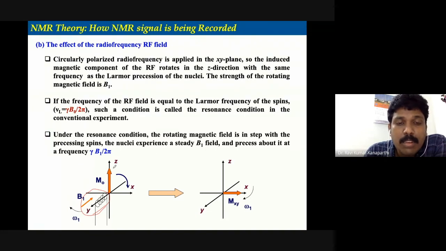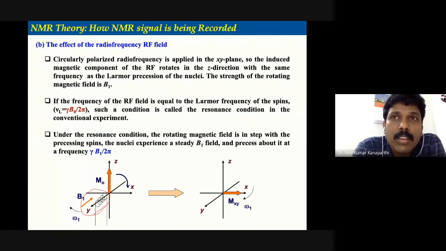Then what happens? Remember the picture shown here: you have a net magnetization, M0, pointing along the z direction. Under this condition, through a coil we are applying a circularly polarized radio frequency. Since the radio frequency is circularly polarized and oscillating, naturally there is an induced magnetic field.